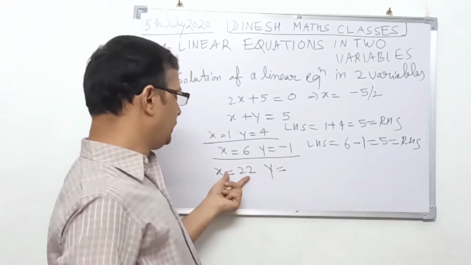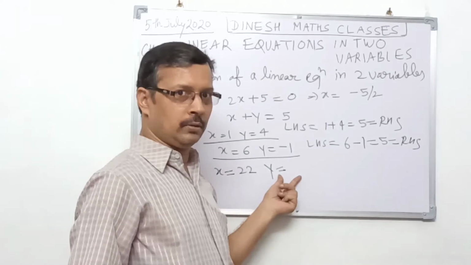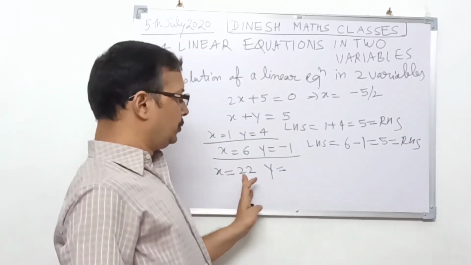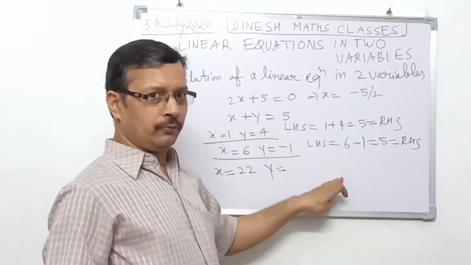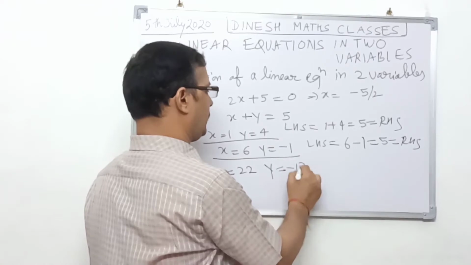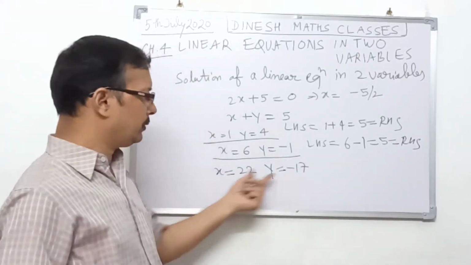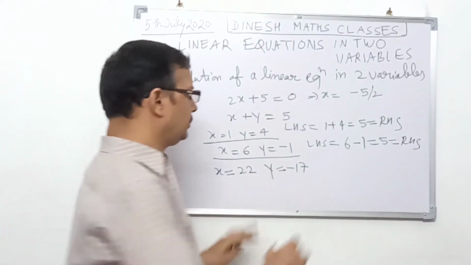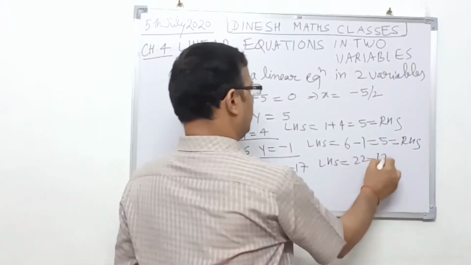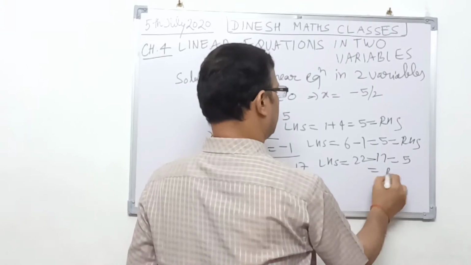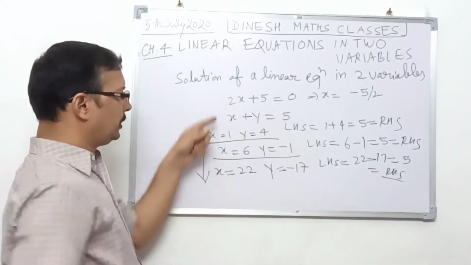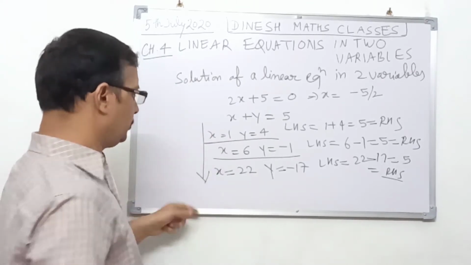If you take x as 22, what should be y? 22 added to some number is giving you 5, so that number should be minus 17. So x equal to 22, y equal to minus 17 is also a solution. You can check in the same way: 22 minus 17 is 5, equal to RHS. So finally we conclude that for a linear equation in two variables there are many solutions.